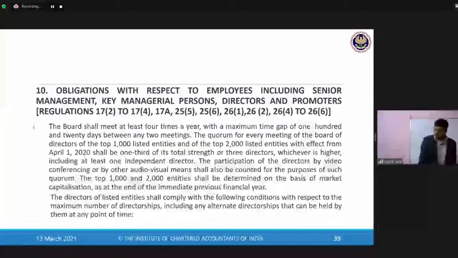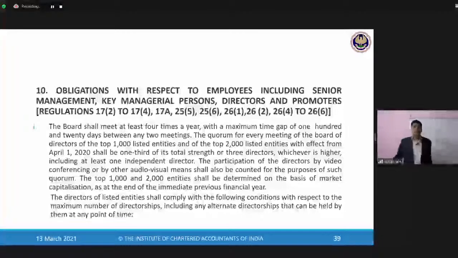So moving on to the requirements related to obligations with respect to employees, including senior management, KMPs, directors, and promoters. Now let's see what are these obligations which arise due to the regulations.